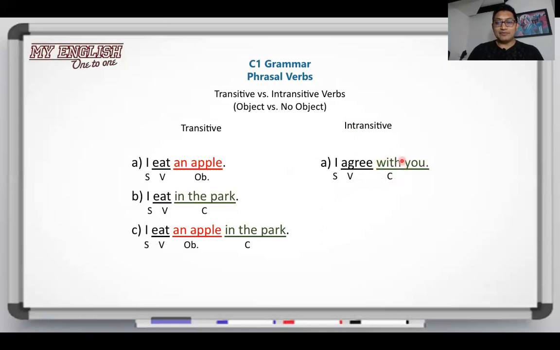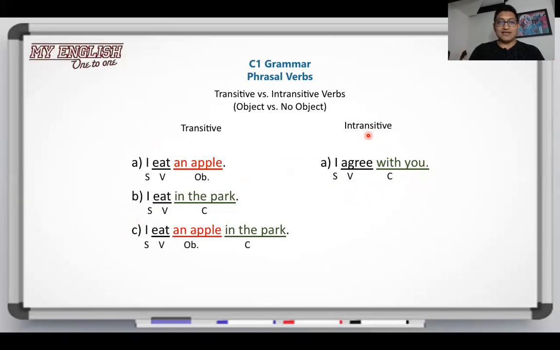Check here, we have a preposition with. This is an indication that this part is a complement, not an object. Also, the transitive verbs you can transform to passive voice. The intransitive verbs do not have passive voice. Well, this is the introduction.